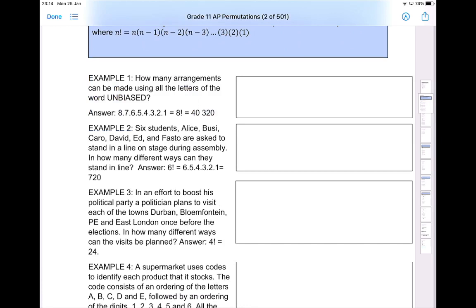Let us look at example 2. It says 6 students, so there are 6 students: Alice, Bossy, Carol, David, Ed, and Fasto. They are asked to stand in a line on stage. We want to know the number of different ways in which they can stand in a line.